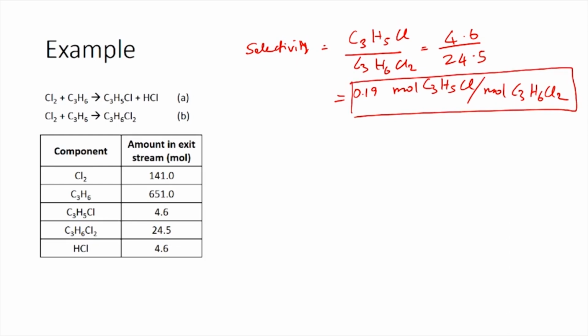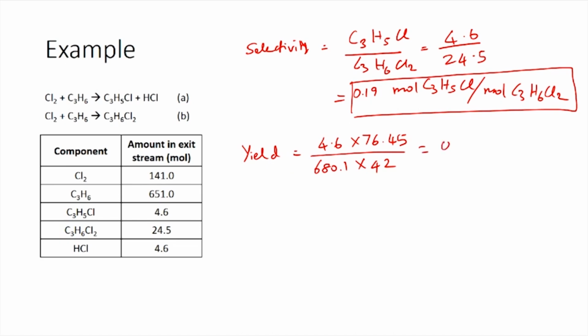So, this gives you the selectivity for one product over the other. So, the next part of the problem is to calculate yield. It has also been stated clearly that you have been asked to calculate yield in terms of grams of product formed per gram of reactant fed. Based on this, we will calculate the yield as 4.6 moles of the product C3H5Cl which is formed times its molecular weight, which is 76.45, divided by 680.1 moles of C3H6 which has been fed times 42, the molecular weight of C3H6 which is fed.